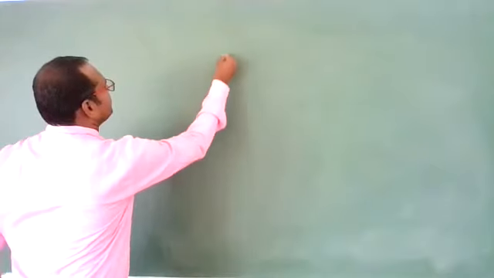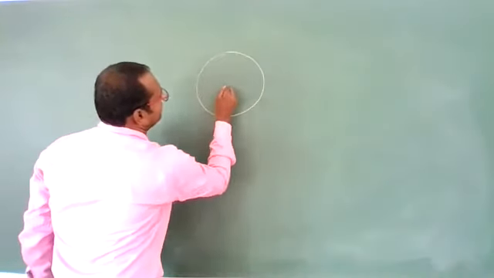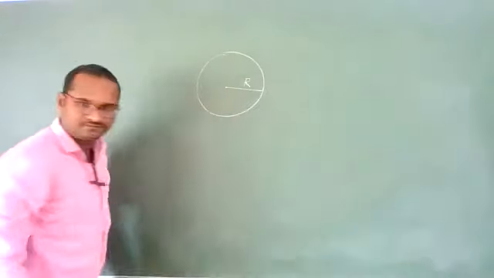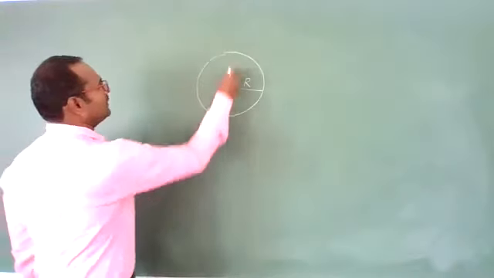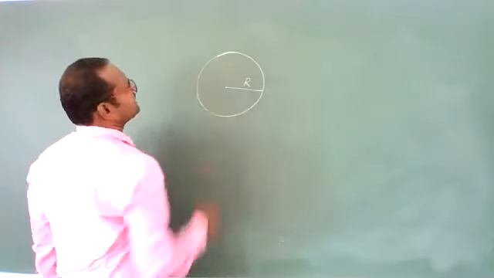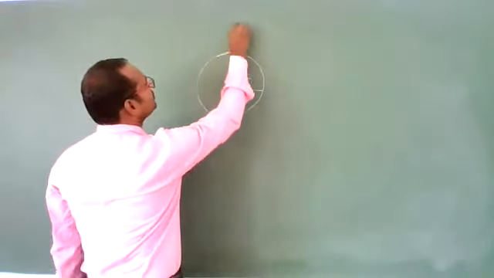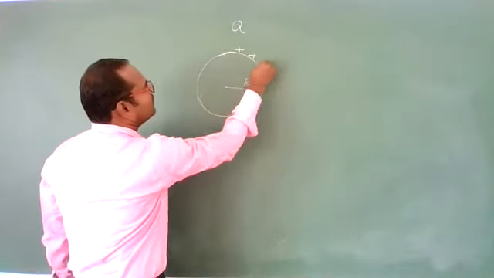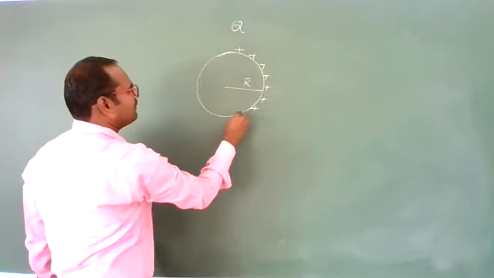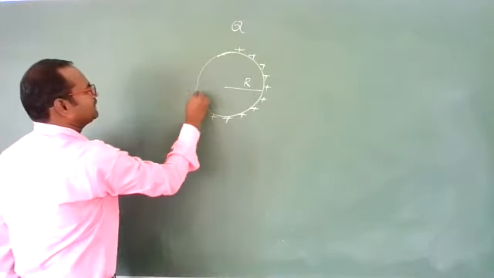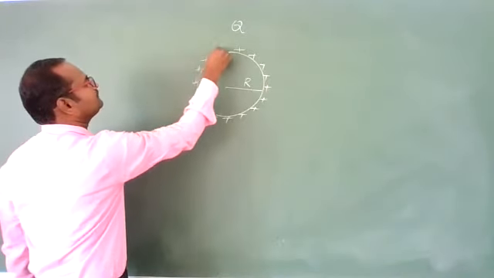Are you getting, students? So this is one ring of radius, let us imagine, capital R. Now, on this ring of radius capital R, a charge Q is distributed uniformly, like this.